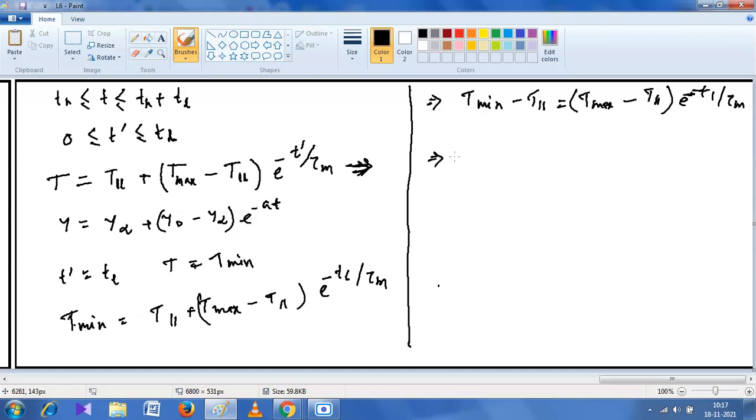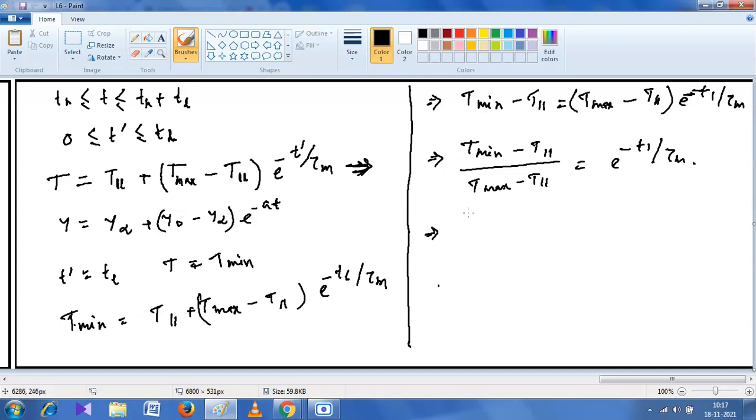Which one has the greater value, T min or TLL? T min. Which has the higher value? T min. So that means this should be written first: T min minus TLL by T max minus TLL is equal to e to the power minus TL by tau m.